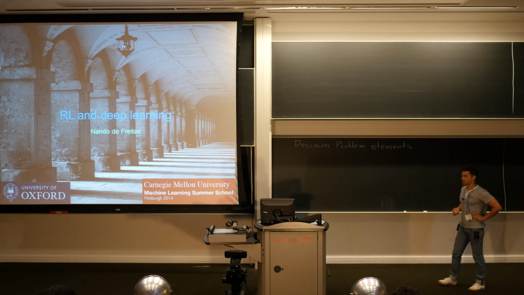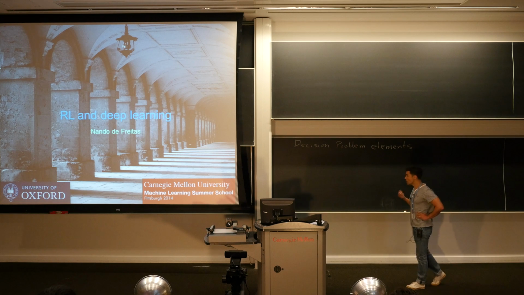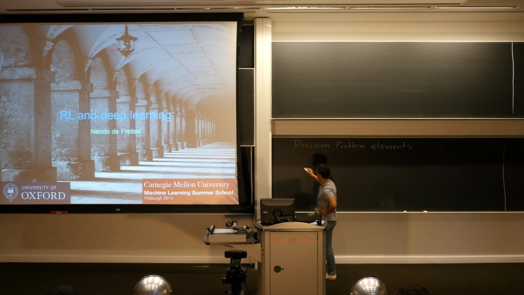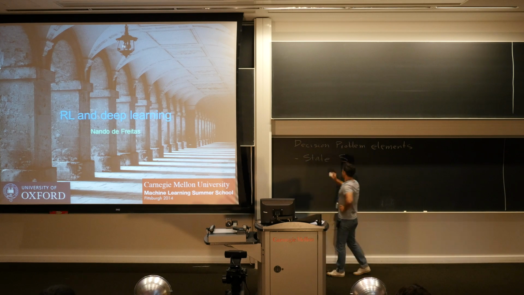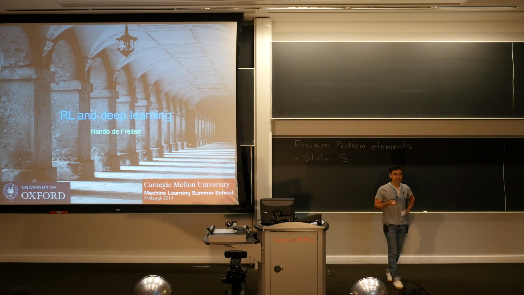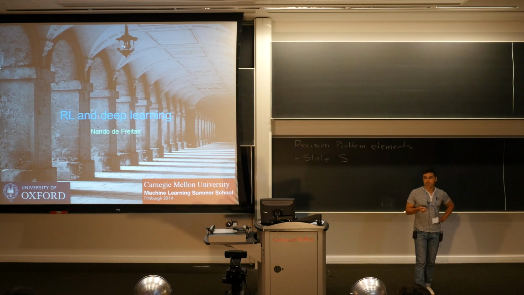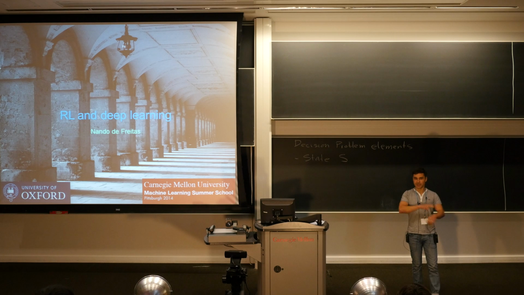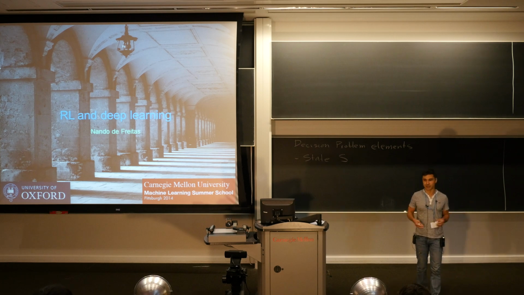A decision problem or an RL problem will have the following elements. First, there will be a state, S. Now, a state for an agent is all its percepts, what it sees, what it feels, the temperature sensing, and so on, as well as all its memories.